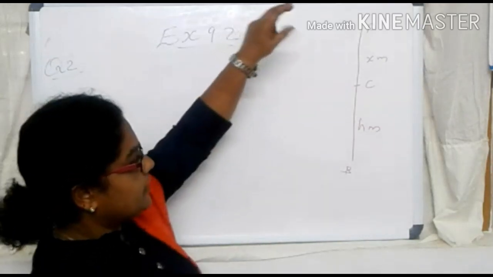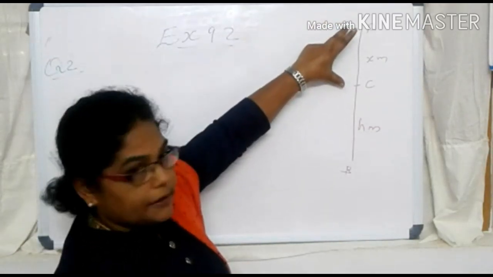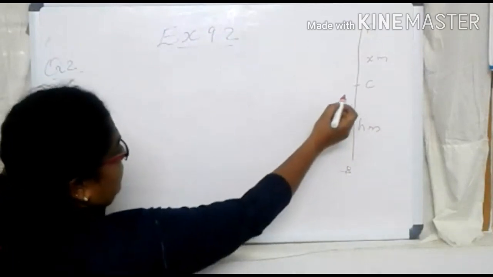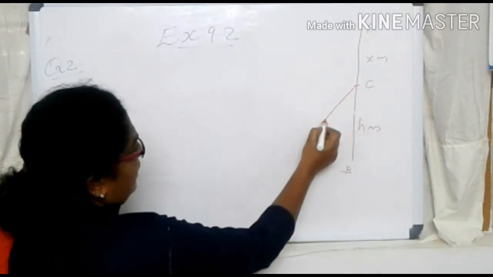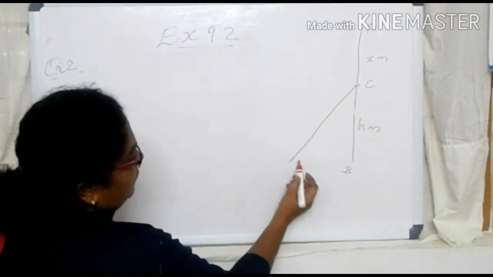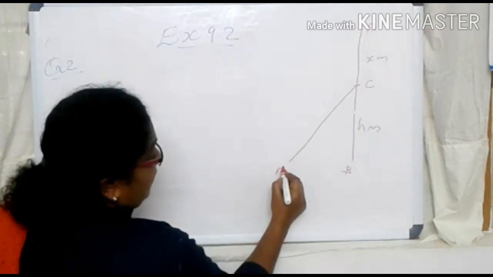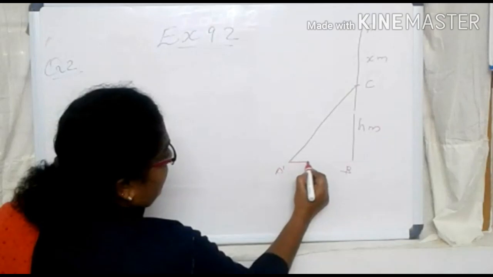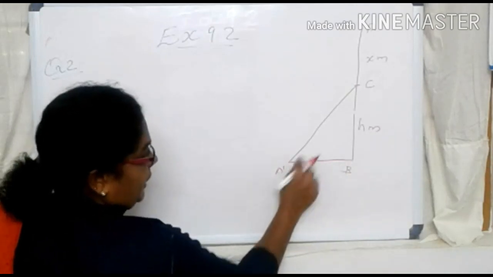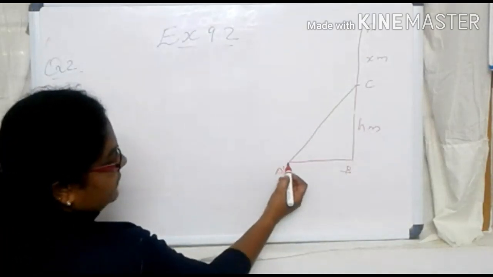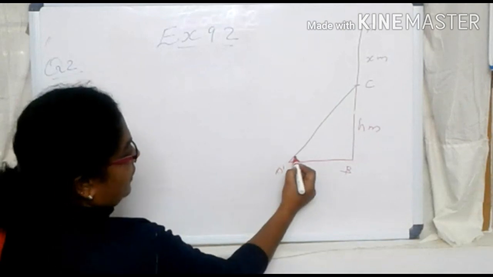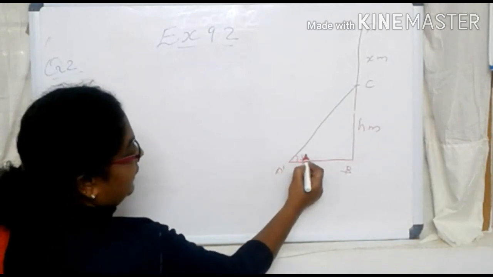From the question it is given that this broken region is bent and it touches the ground. Here it is touching the ground, and this is AC, so we can call it A dash. This A dash is the tip of the tree. Now it bent this way and it is touching the ground here. It is making 30 degrees with the ground.